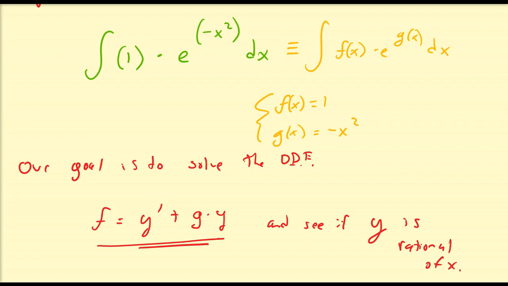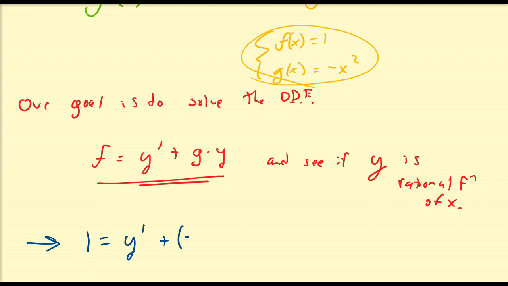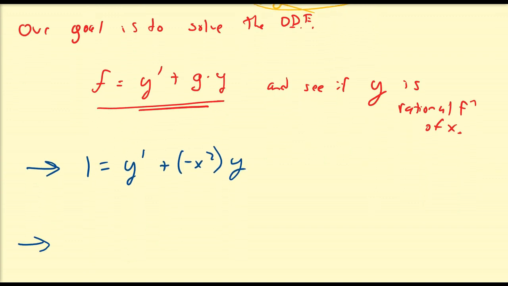So that's our goal. Using our definitions of f and g, we have the differential equation 1 is equal to y prime plus negative x squared y. You can rewrite this a little more nicely as y prime minus x squared y is equal to 1.